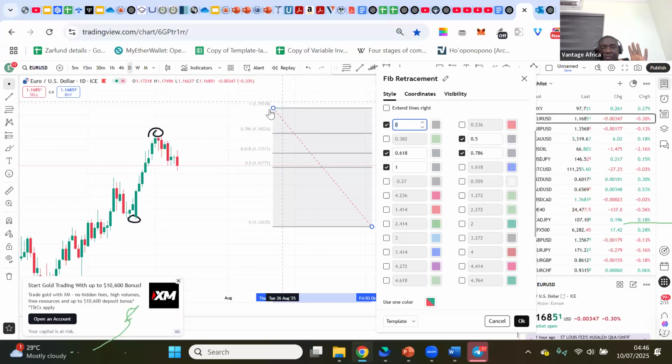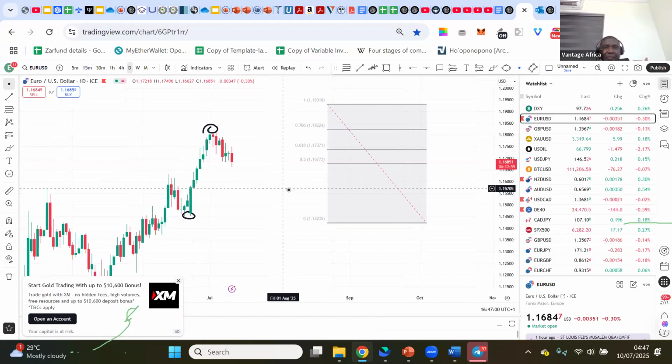So the 1 level is constant, 0 is constant, so I'm only working with 3 levels here. The 50% level is the middle of the move. If you check from 1 to 0 here, the 50% level is usually 0.5.